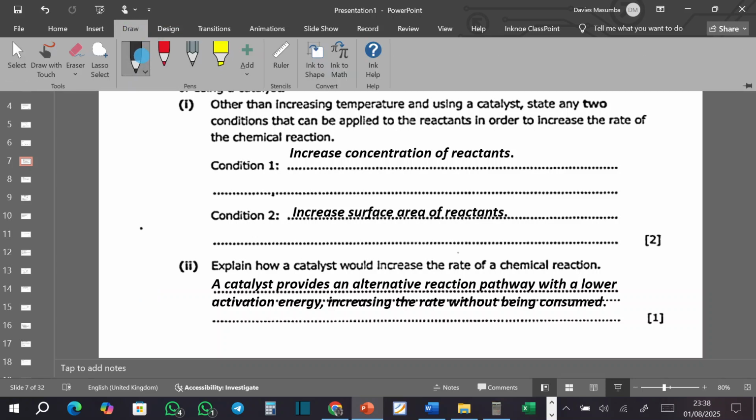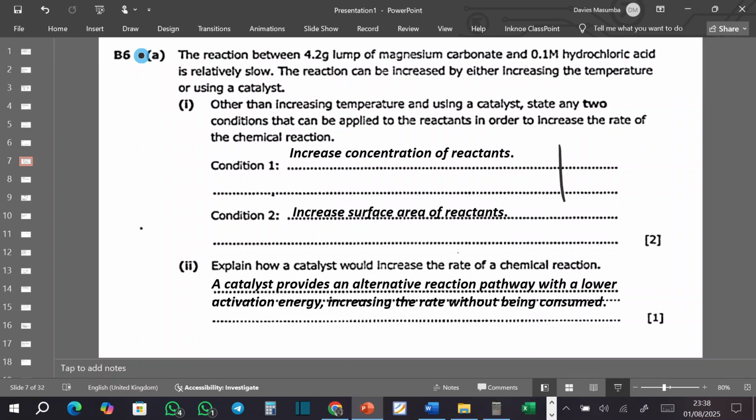This is energy that is needed, and this part is what we call reaction progress. So let's say the reactant energy is here. This is the reactant energy. Then the product energy is here.